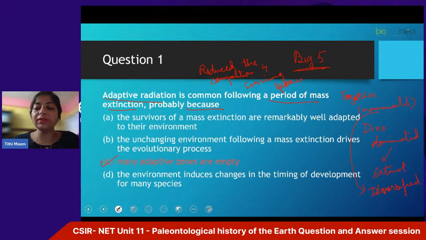After the dinosaurs went extinct, that reduced the interspecific competition, and many empty zones were present. Because of that, mammals showed adaptive radiation after the dinosaurs died, although mammals and dinosaurs evolved together on Earth. Yes, that's right, Astha.